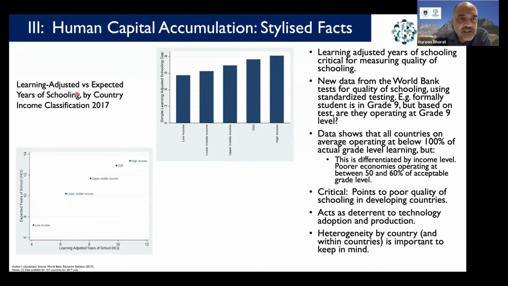And learning adjusted years of schooling is a measure of adjusting the years of schooling that an individual has officially relative to their actual operational capacity given that year of schooling. So what do I mean? Somebody may formally have a grade 9 or a grade 12 certification, and it's done through standardized test scores.